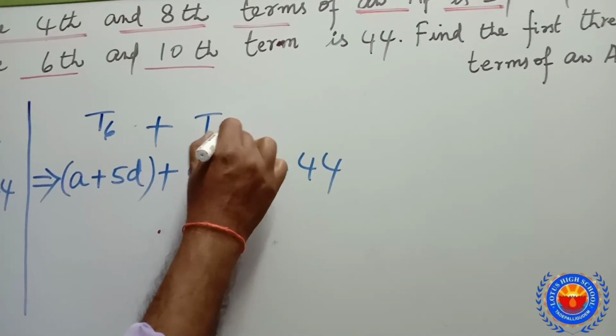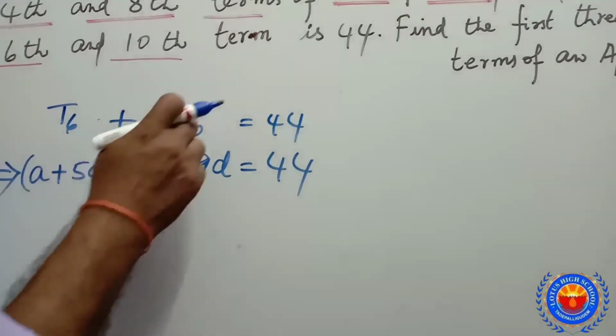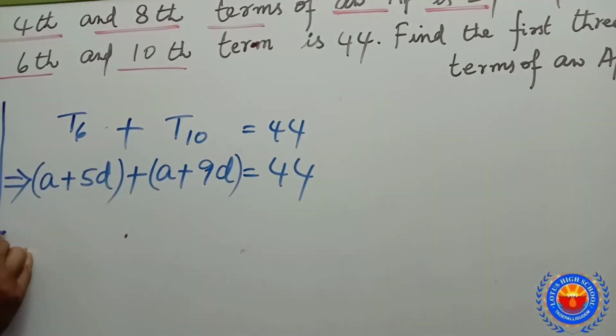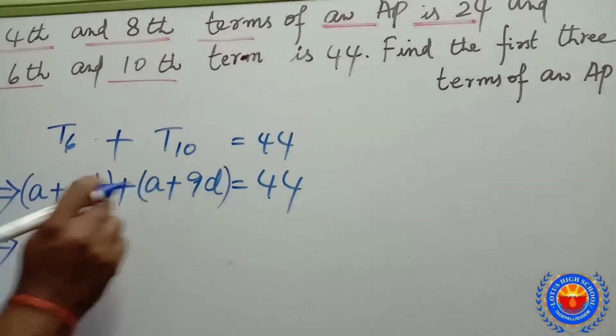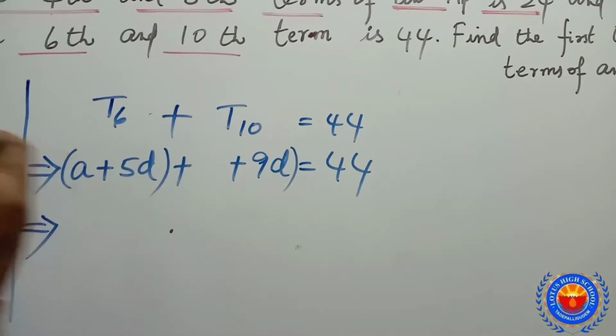If you want you can keep brackets, otherwise you can remove them. Directly you can add A plus A. If you keep them, you may get confused, so it is better to remove the brackets.